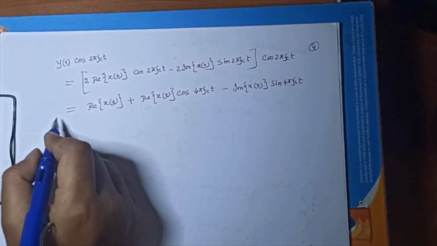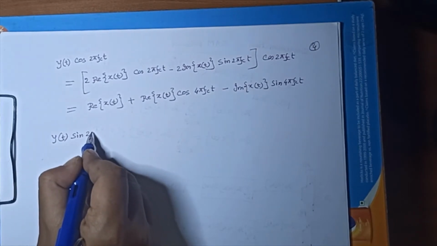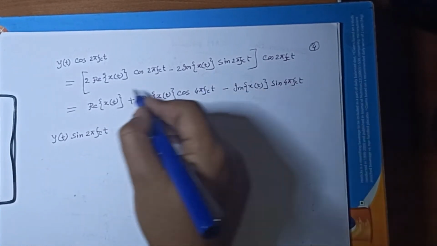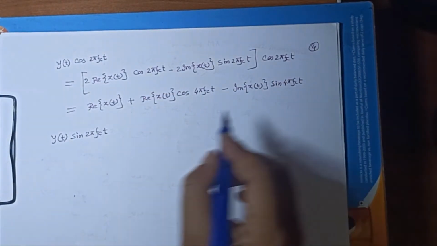This is one part. The second part is yt multiplied with sine 2 pi fct. In this equation, if you do low pass filtering, this and this will cancel out. Only the baseband will remain.